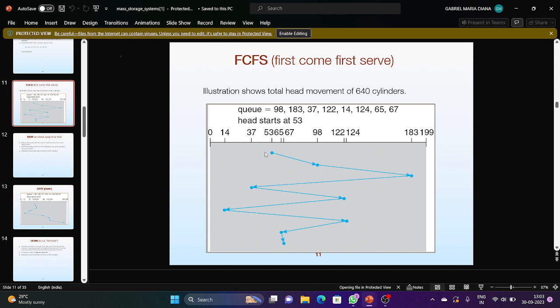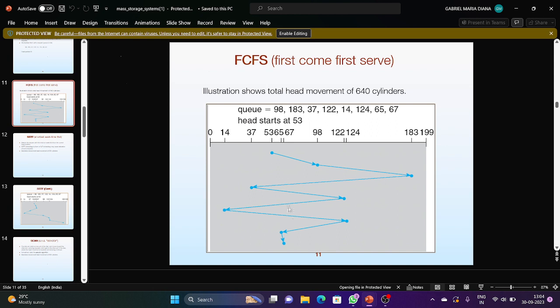So 183 minus 53 plus 183 minus 37 plus 122 minus 37 plus 122 minus 14 plus 124 minus 14 plus 67 minus 65.